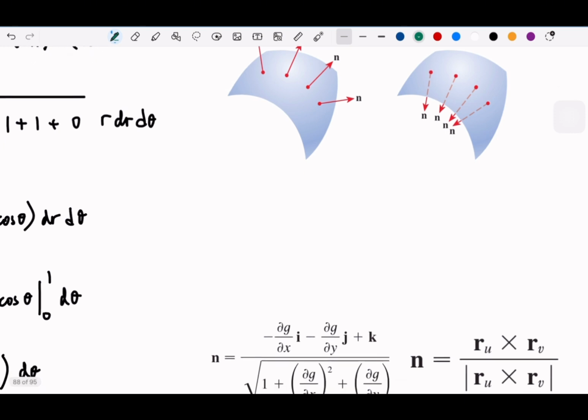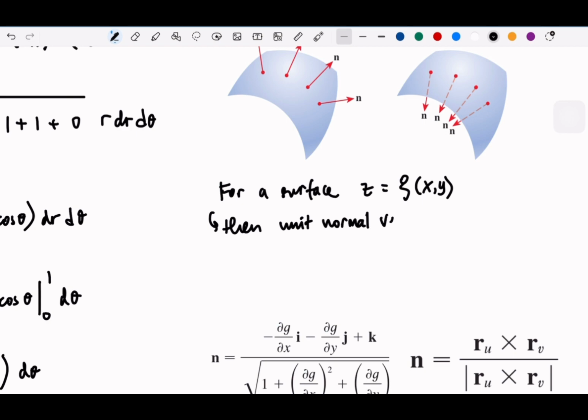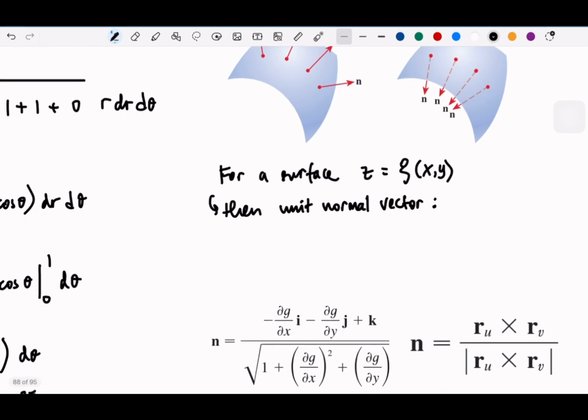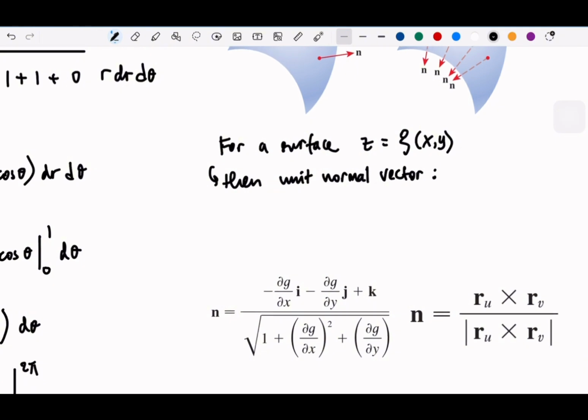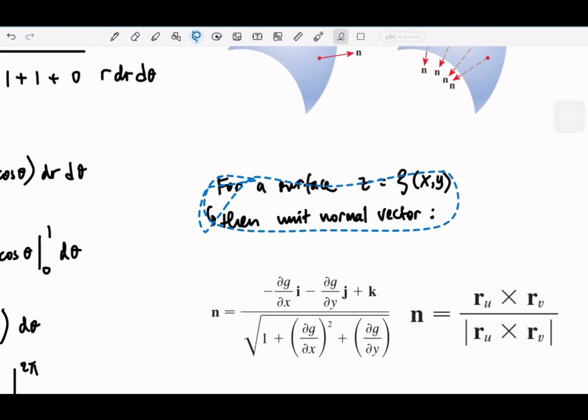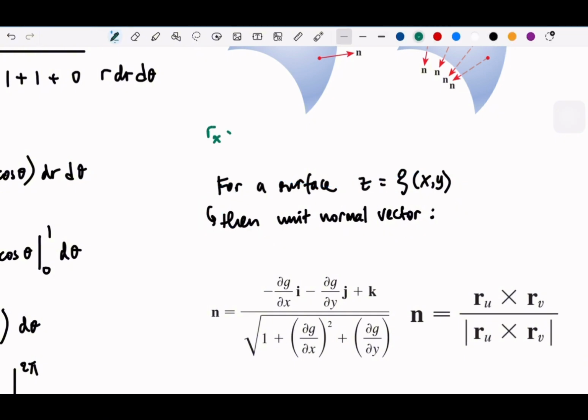And then, let's say, for a surface z equals g(x, y), we can use the equation for the unit normal vector from the equation that we built, I think, at the early introduction of the surface integrals, which is Rx cross Ry.